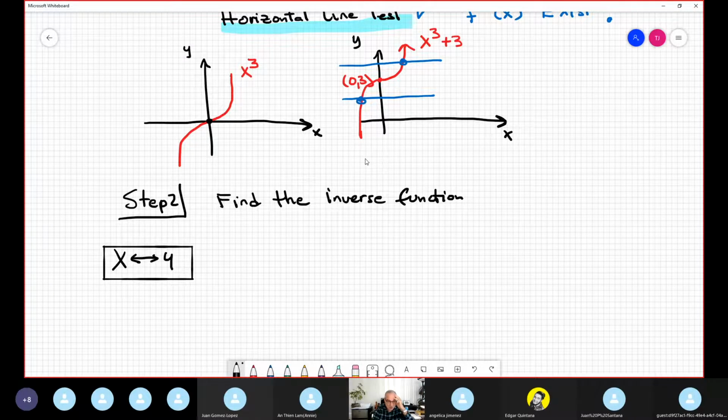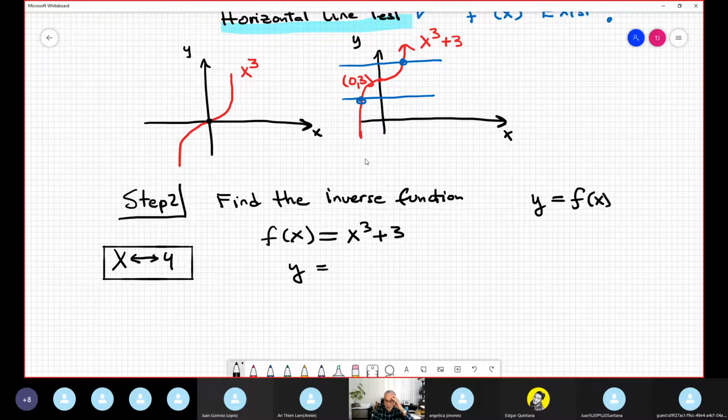I copy my original function, it's given. I replace f of x with y, because you know in function notation f of x and y are the same. And now you apply this idea: you put x here and y here. Wow, fantastic.